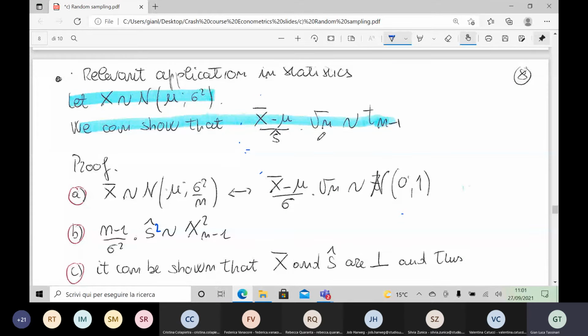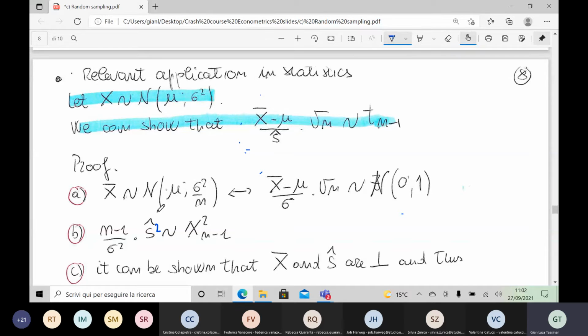In particular, guys, we know that if X is normal with mean mu and variance sigma square, the sample mean, as we showed this morning in the first result, follows a normal distribution with expectation mu and variance sigma square over n, which is equivalent to saying that the standardized sample mean follows a normal 0, 1.